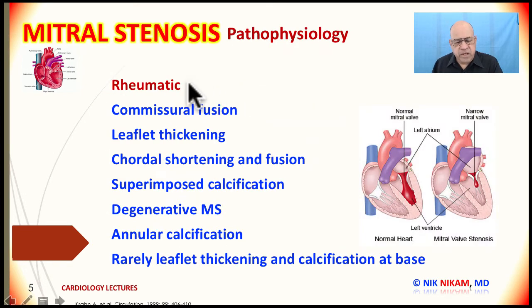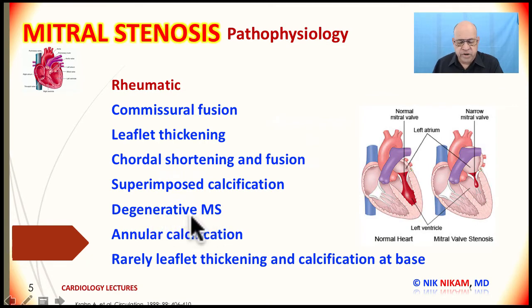Here are some pathological features of rheumatic mitral valve disease, which include fusion of the commissures. Then there is shortening of the chordae tendineae along with superimposed calcification, and calcification becomes more prominent as the disease progresses in the third and fourth decades.